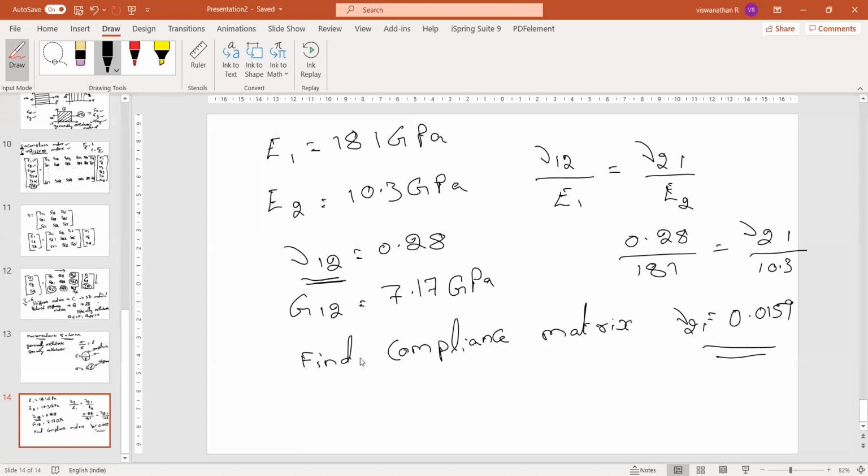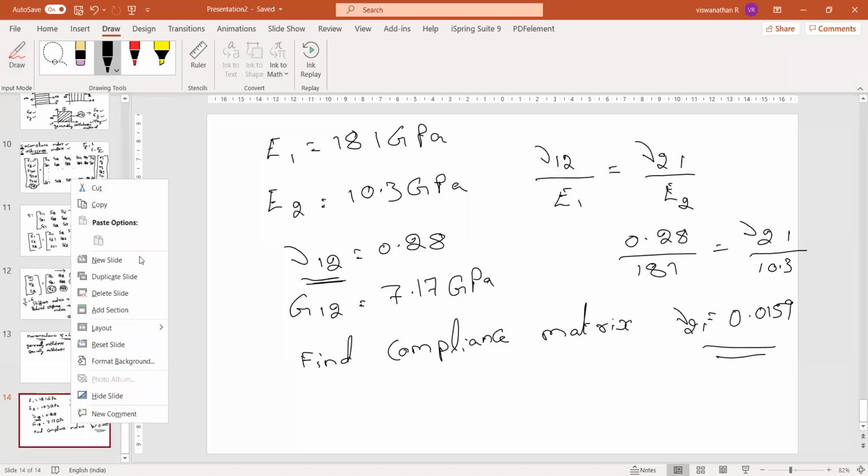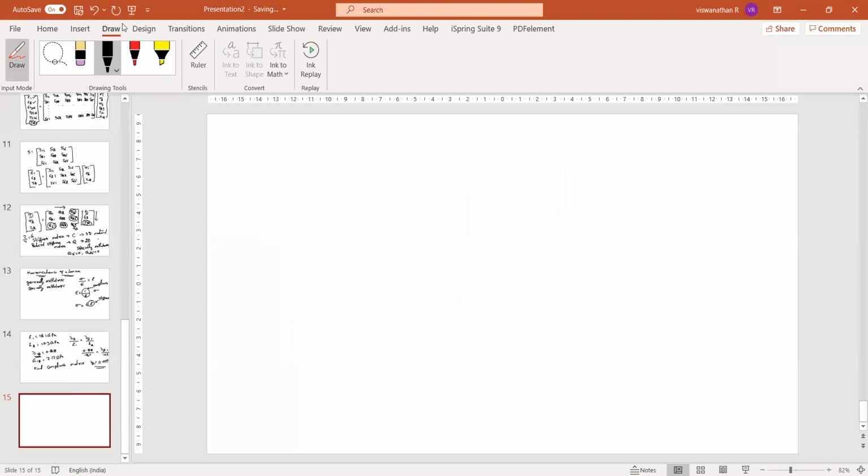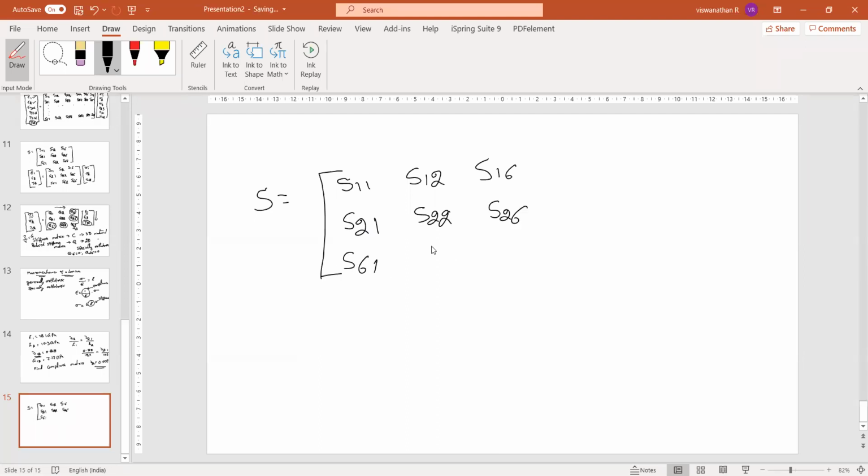Now, how do you find the compliance matrix? What is the formula? S is equal to S11, S12, S16, S21, S22, S26, S61, S62, S66.